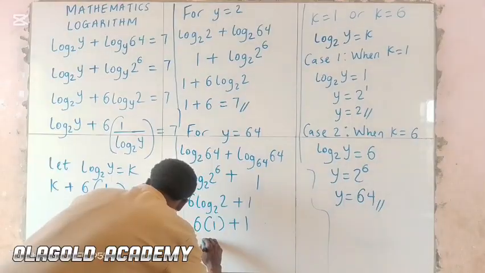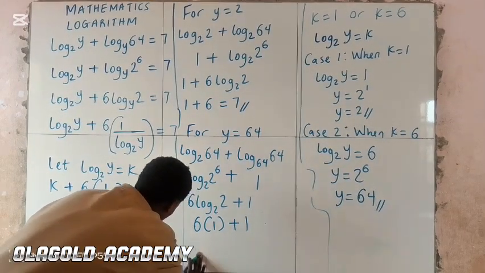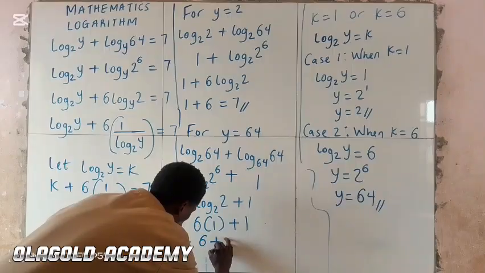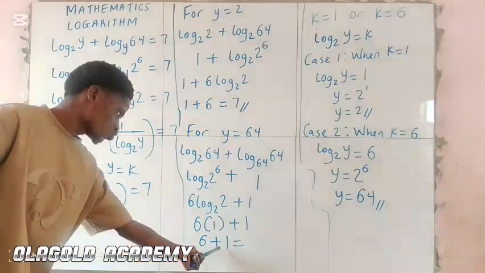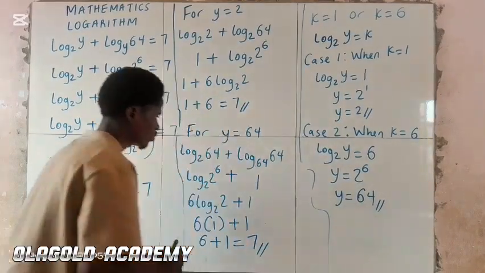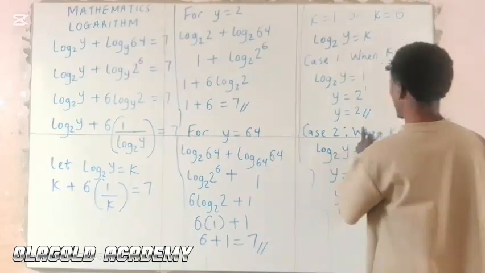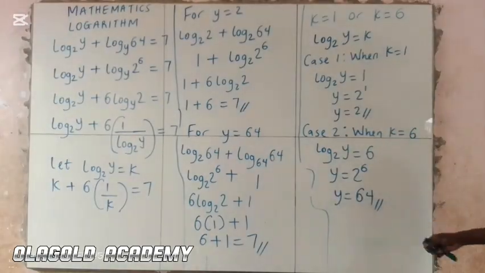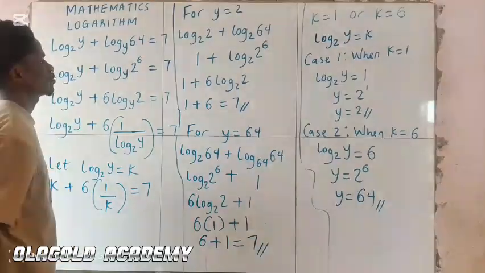So 6 plus 1 is equal to 7. So it means that y can be 64, y can be 2. They both satisfy this equation here.